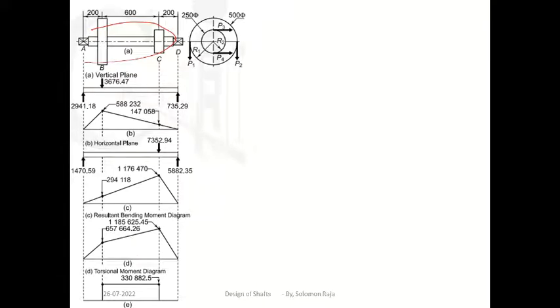First draw it. After drawing this diagram, note that forces were acting in two directions. In the vertical direction also forces were acting, and in the horizontal direction also forces were acting.